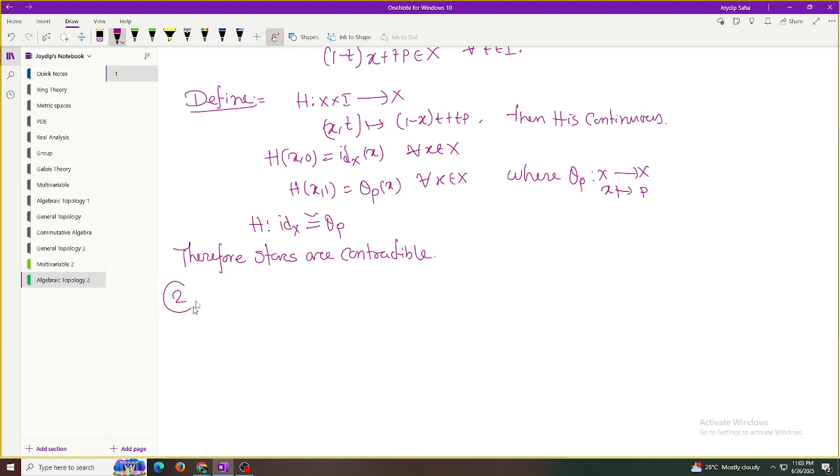Number 2, same type example, convex set.